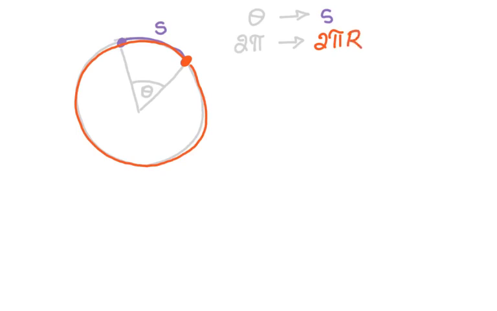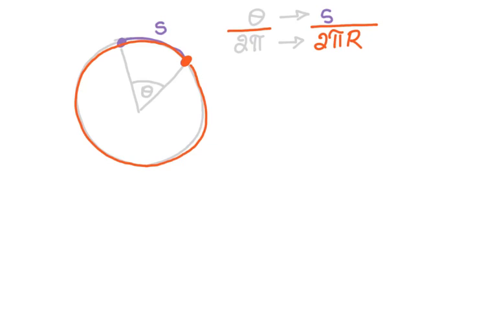So if I want to find the relationship between s and the angle, then I will say that the proportion of this angle over 2 pi is the same as the proportion s over 2 pi r, because if you just increase the path this much bigger, then the proportion between them is still equal.